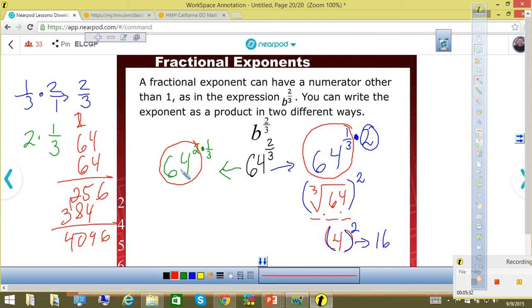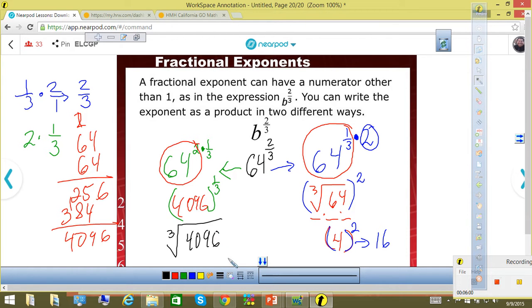So this becomes 4,096. And what does this indicate? To open a parenthesis. And what is the power? 1/3. So now, what happens when we have a fractional exponent? It becomes a radical, right? So this is cube root of 4096.